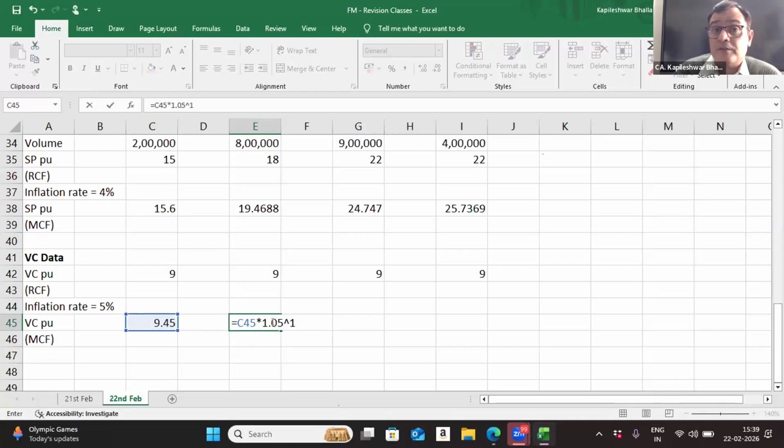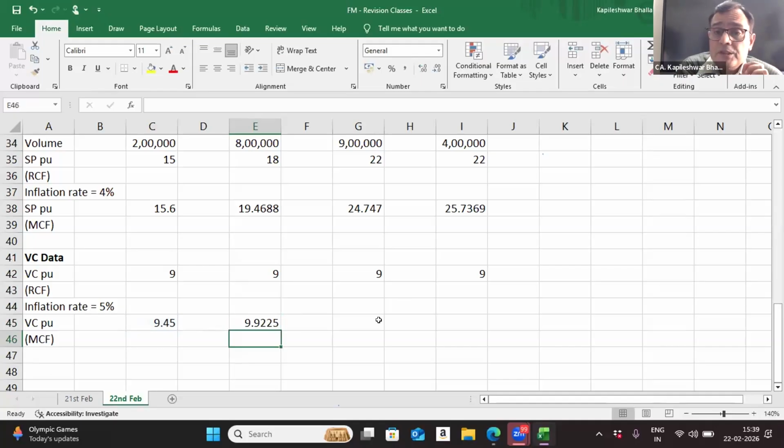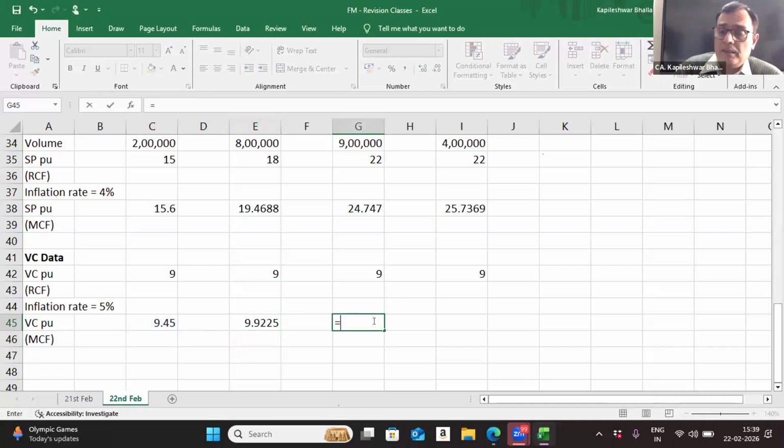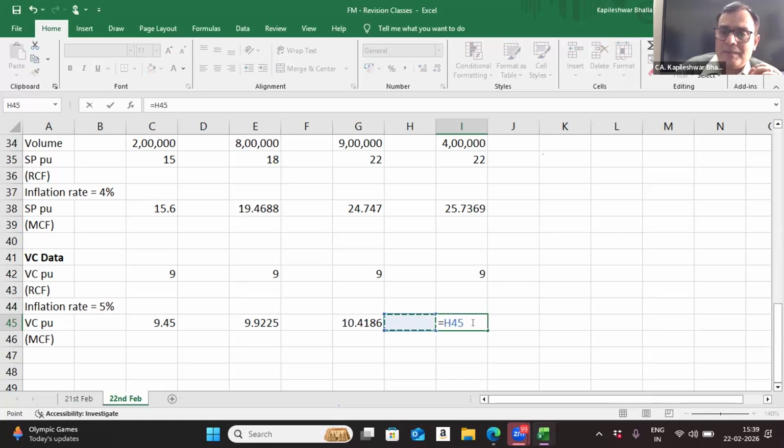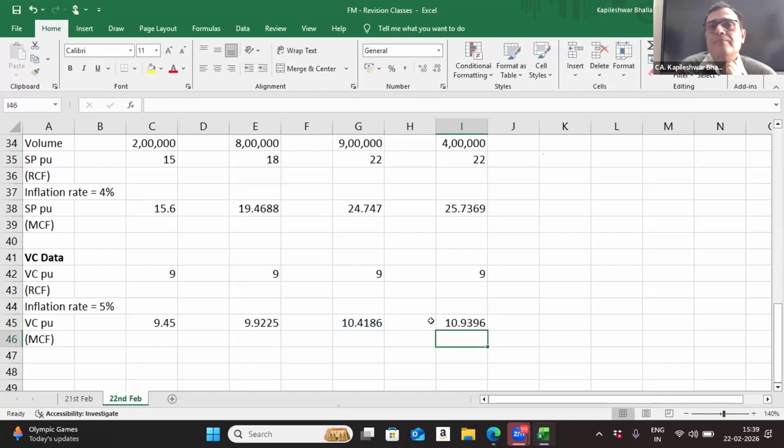Now don't raise it to the power of 2, because if you're taking the previous year as base, then just once. Similarly, we can take the previous one as a base and multiply it with 1.05 raised to power 1 again. And similarly, we take this one as a base and multiply it with 1.05 raised to power 1. So this organizes the variable cost data as well.